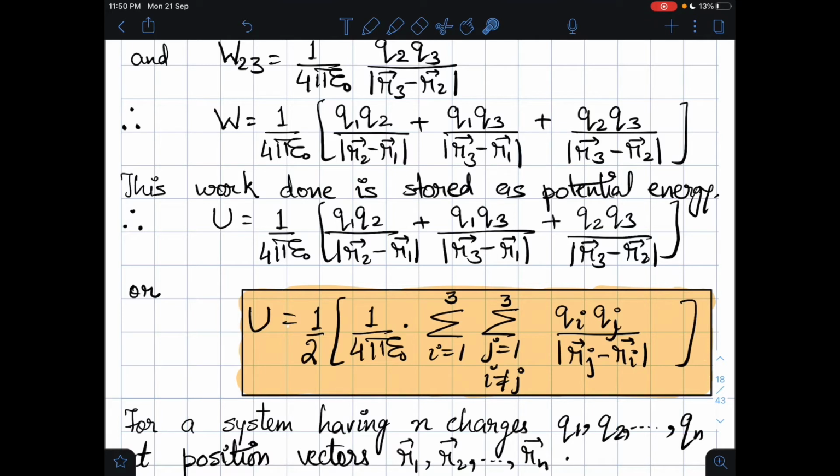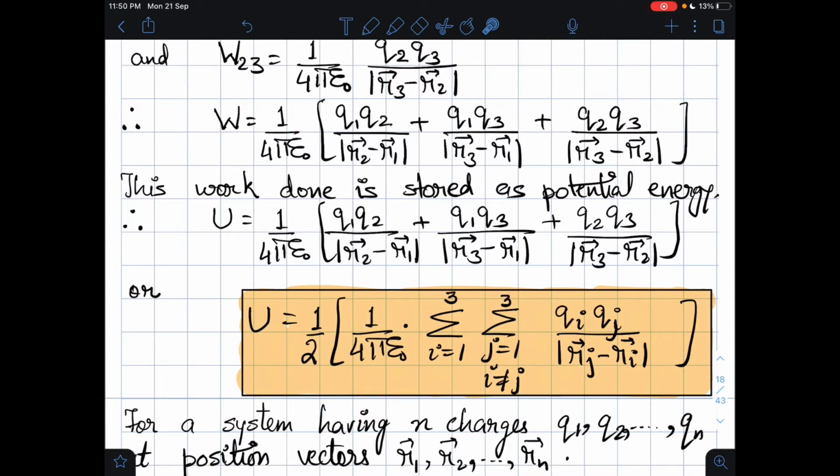So it is very tough to add. So what we do, we think of it as a problem having these three, and I have it as a double summation.